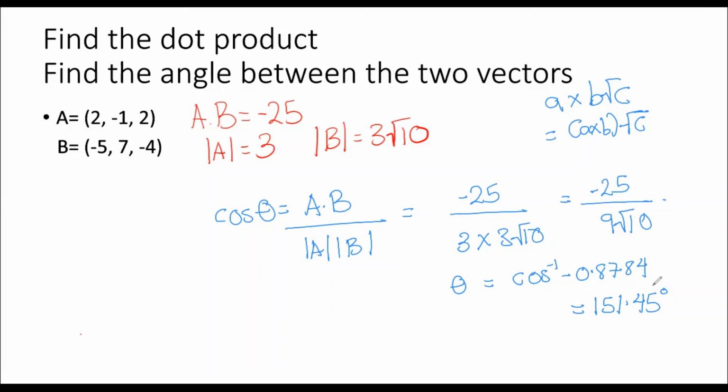So our angle here is 151.45. And if we decided to do it directly, instead of step by step, we just find the inverse cosine of this. Let me try that.